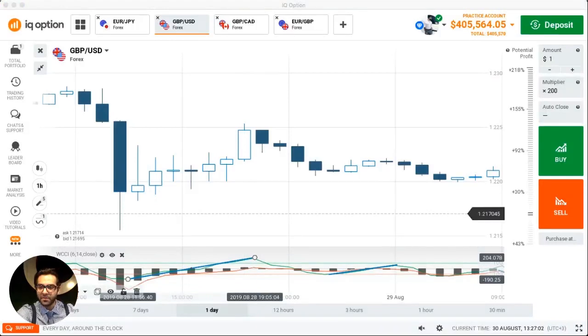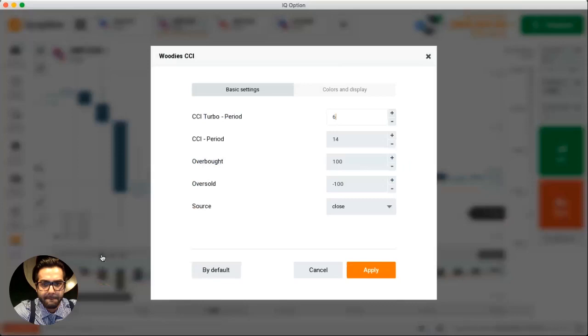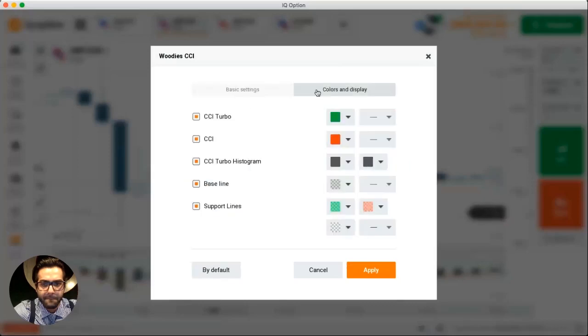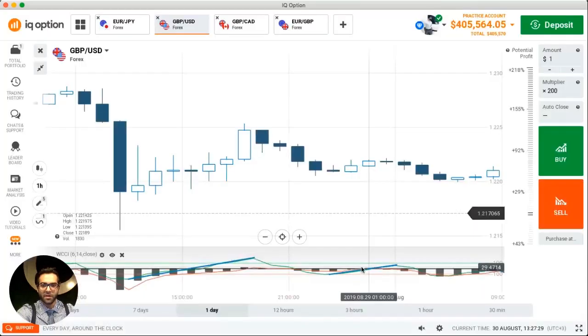Zero line stronger, please. Cannot see very well. Guys, are you having trouble seeing the zero line? 1 second. Baseline. Let's try this. So I went to the baseline, guys, and I made it darker black because it was quite faint. I think it's better now.